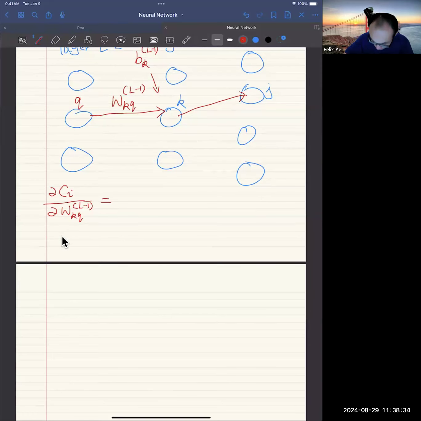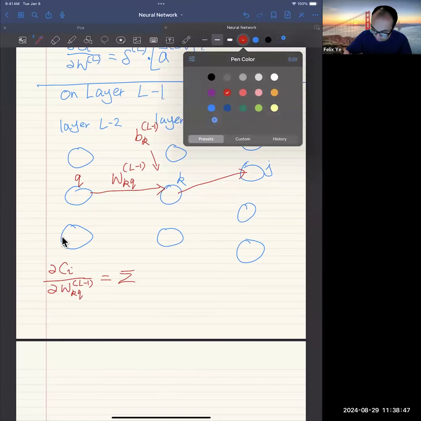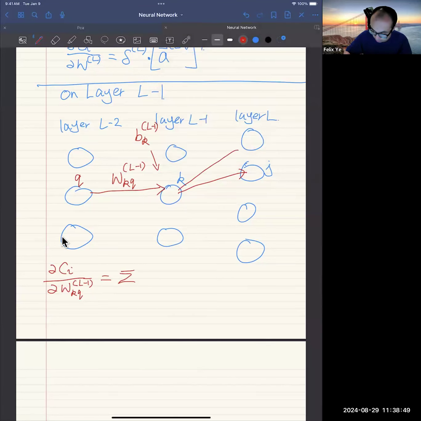I'm going to sum over all possible J here, because all the terms matter to the C_I here.